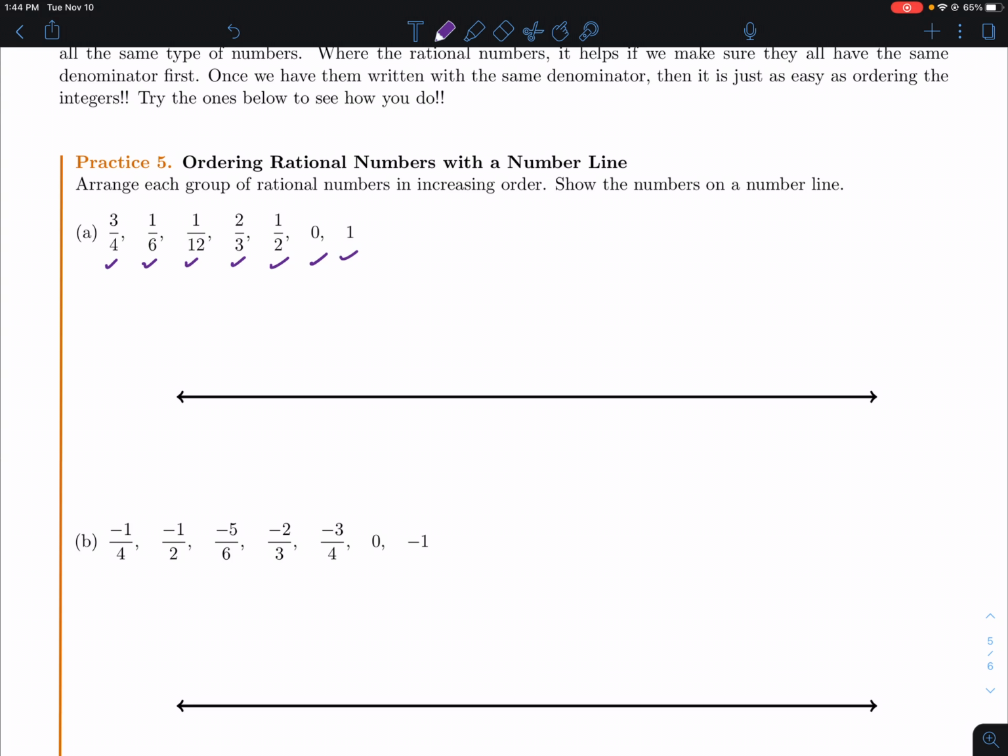So the key to this is rewrite each fraction with common denominators first.